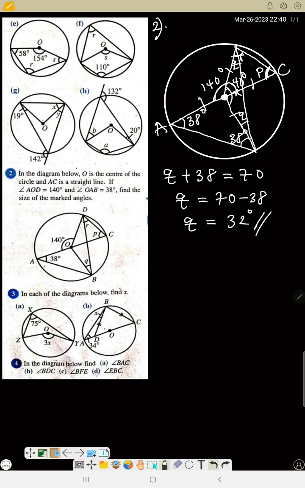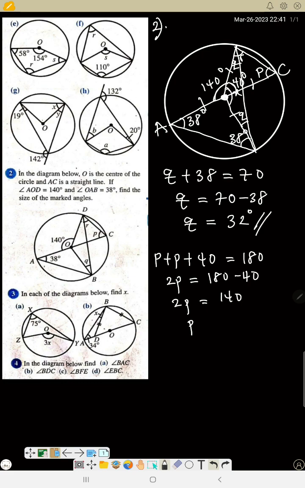Base angles of an isosceles triangle, that means P will be equal to R. So P plus P plus 40 is equal to 180. So 2P is equal to 180 minus 40, 2P is equal to 140. So P is 140 divided by 2, P is equal to 70. So P is equal to R, so R is also equal to 70.